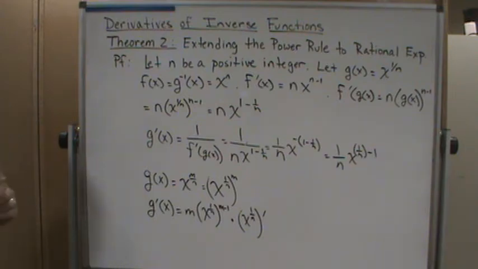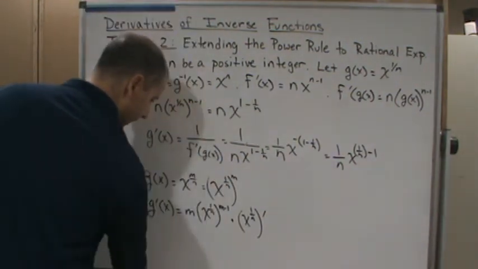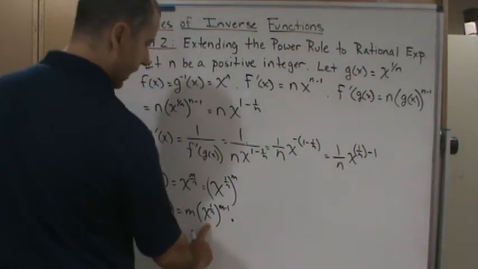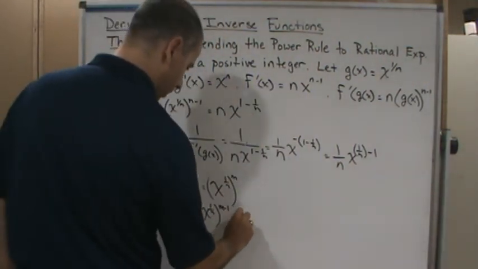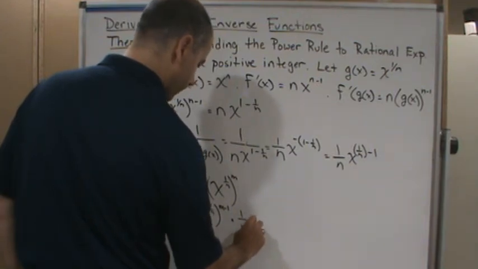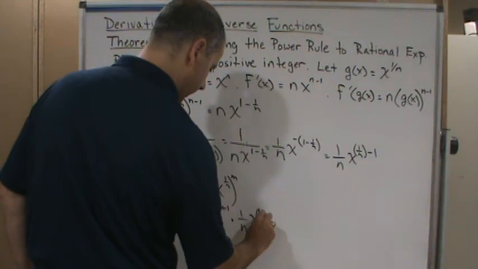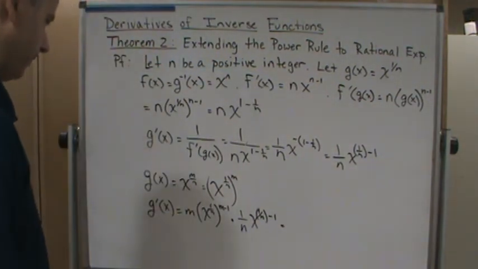Well, we already know what that is because we just figured it out up here. The derivative of the inside is 1 over n x to the 1 over n minus 1.